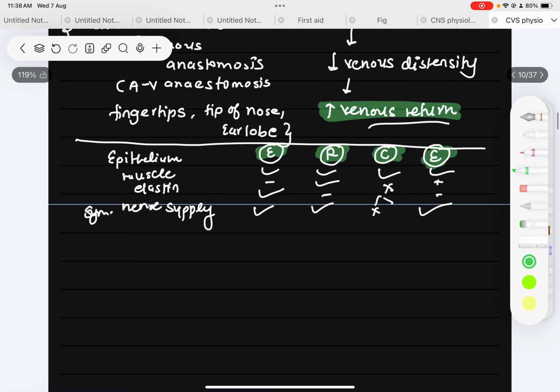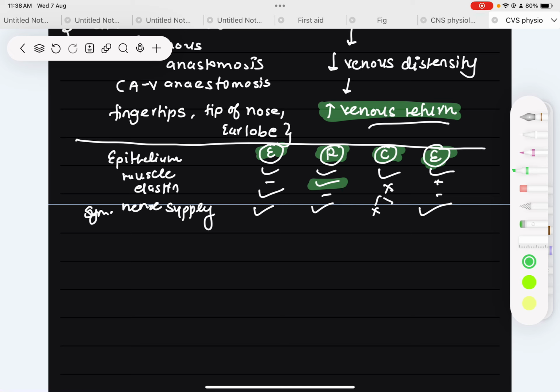Now the muscle, elastic fiber and sympathetic nerve supply. Muscle will be present in resistance vessels mainly. In elastic vessels and capillaries there will be no muscle, no sympathetic nerve supply.